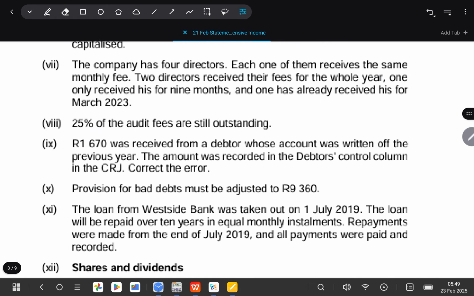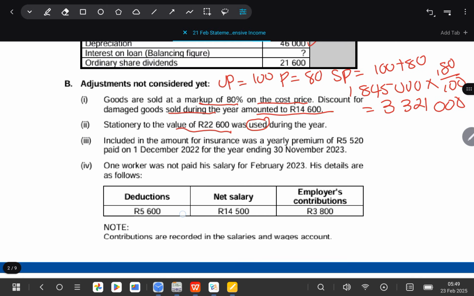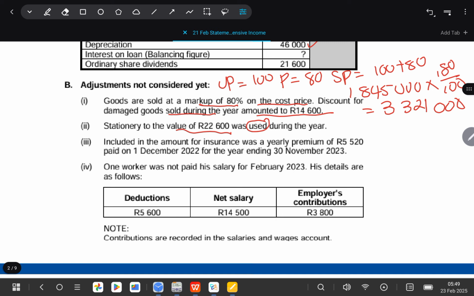The next adjustment says that included in the amount for insurance was a year's premium for 5,520, and then they are saying that it was paid for the period 1 December 2022 for the year ending 30 November. So now here you don't confuse yourself, guys. You know that you were only supposed to pay for December, January and February.